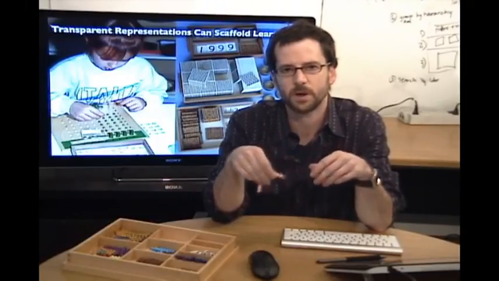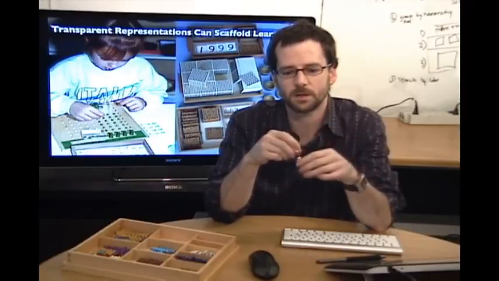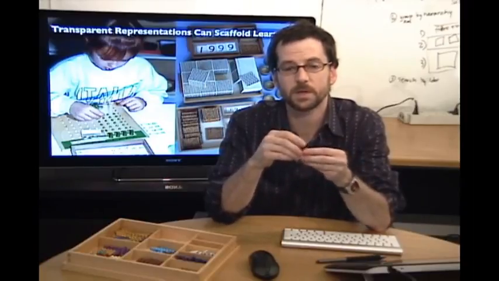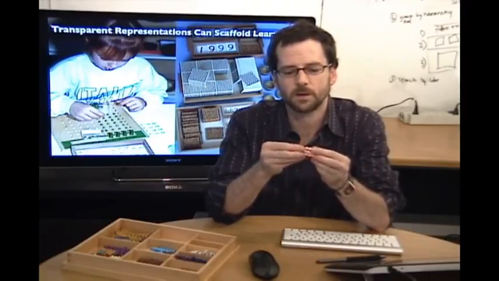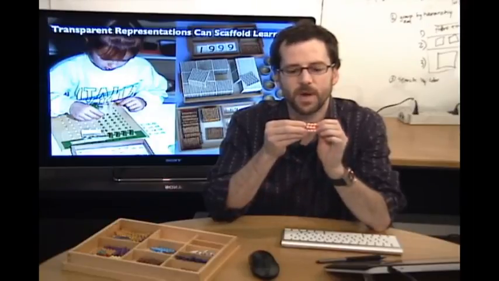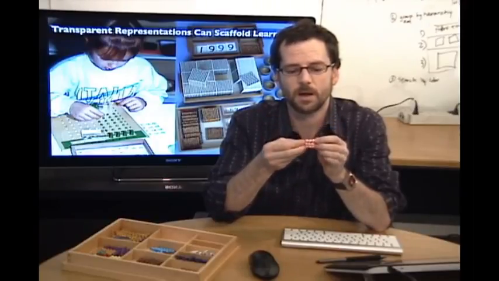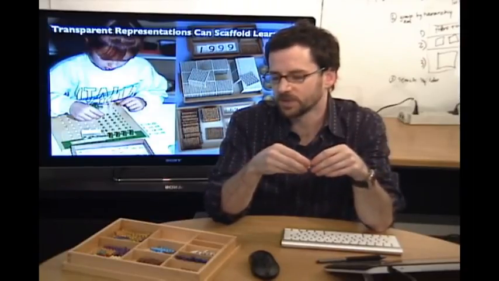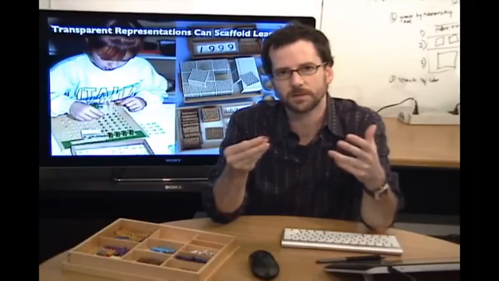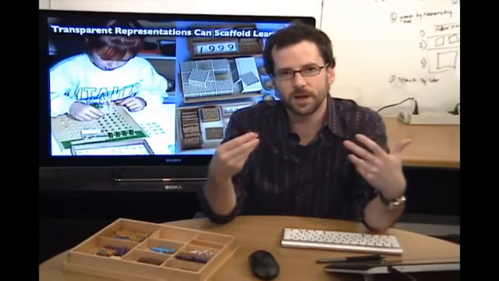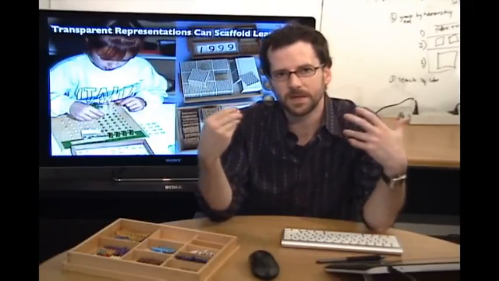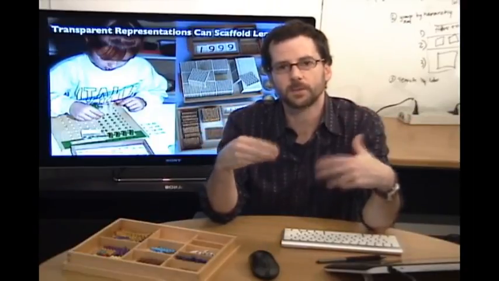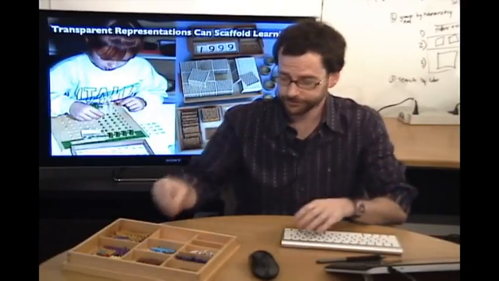So for example, if I wanted to take 3 and multiply it by 3 to get 3 squared, well, I can see here that I have 3 by 3, I have a square, and I can see that it's composed of 9 beads. And there are other addition and multiplication options that you can do with these also. And by having this redundant information, by taking an abstract concept and reifying it and making it concrete, it can help scaffold learning and reduce errors.